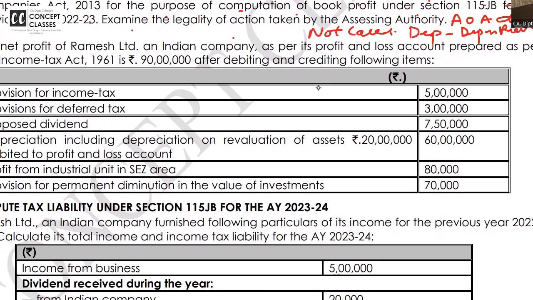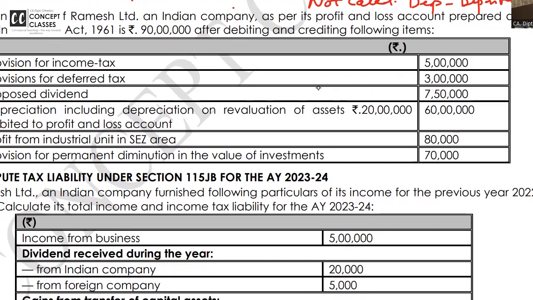Next, fifth problem. See, when it is coming to adjustments for the MAT, it is a narrow-minded adjustment. What is given in Explanation 1 to the Income Tax Act. That's it. Fifth problem.